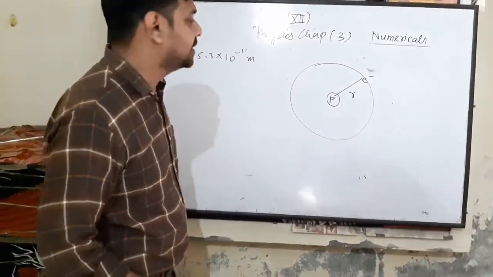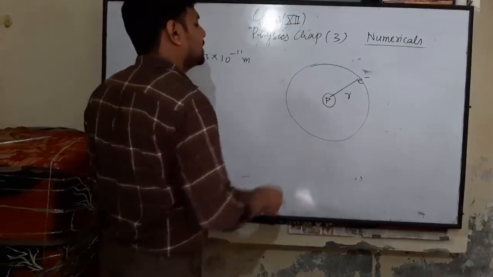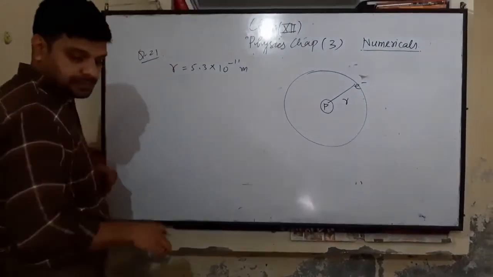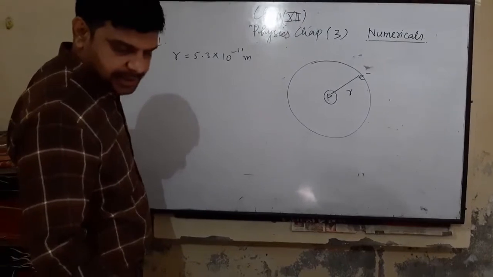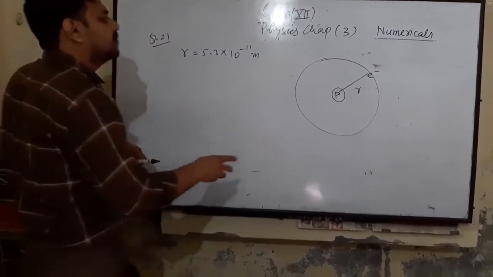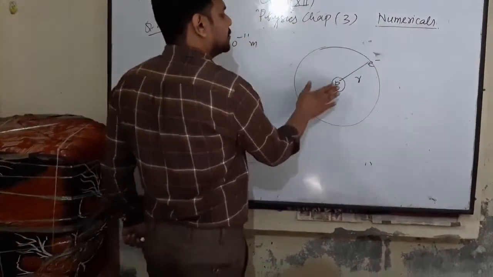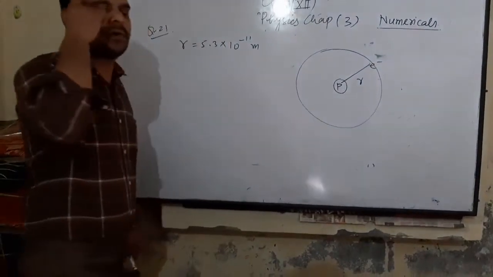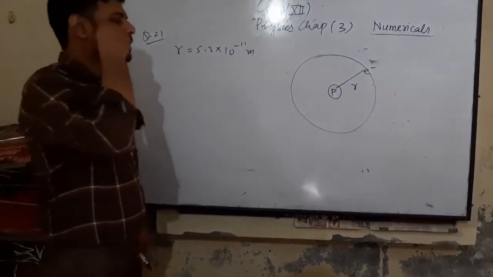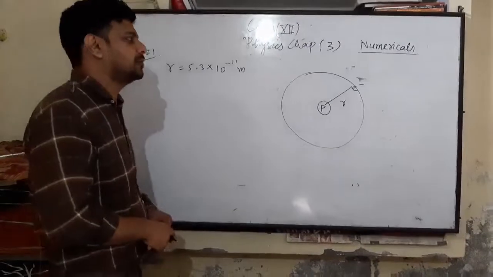We have to find the electric potential at this radius due to the nucleus of the hydrogen atom. In a hydrogen atom nucleus, we have only one proton.